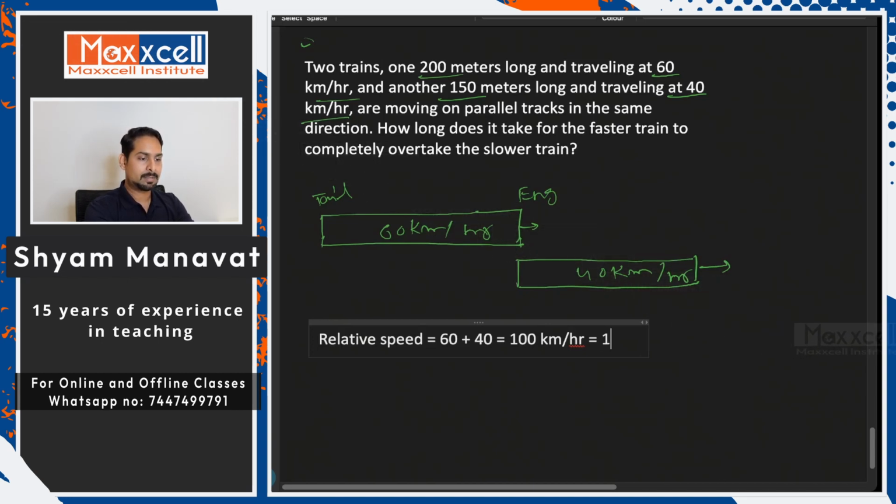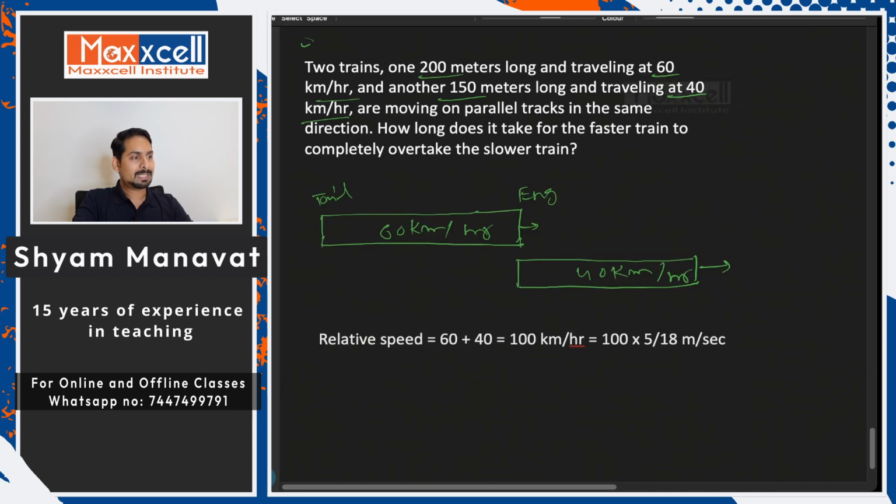So 100 multiplied by 5 by 18 will get you 27 point blah blah blah. That's a very complicated decimal, no? So let's keep it like this, but in meter per second. We'll do the calculation later when we apply the formula.